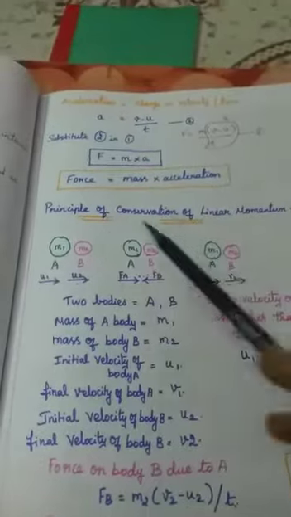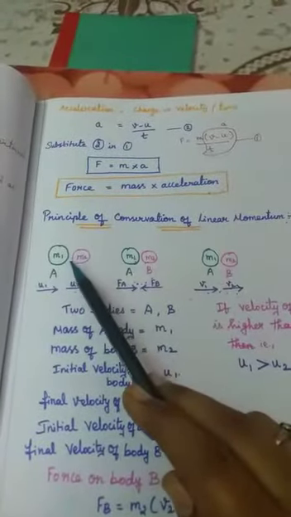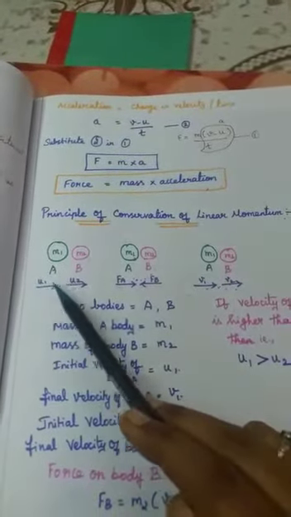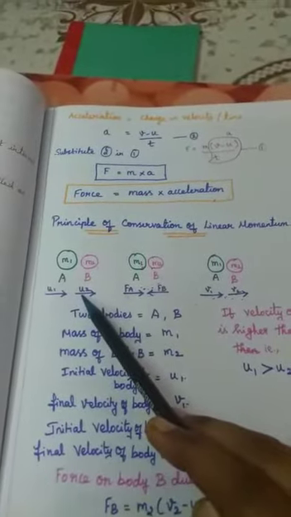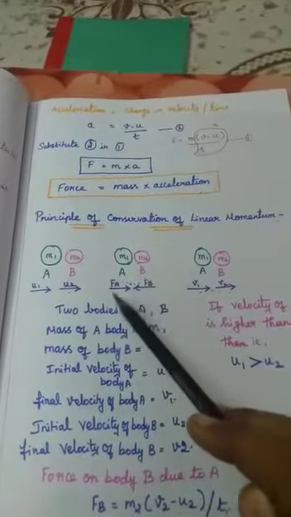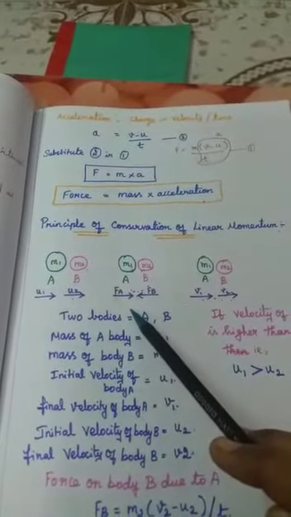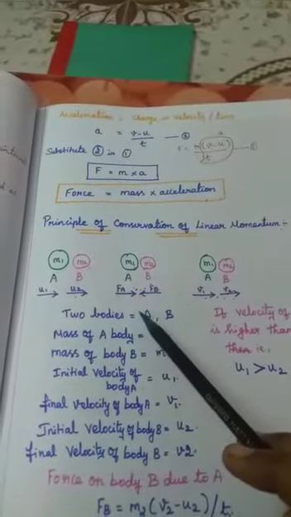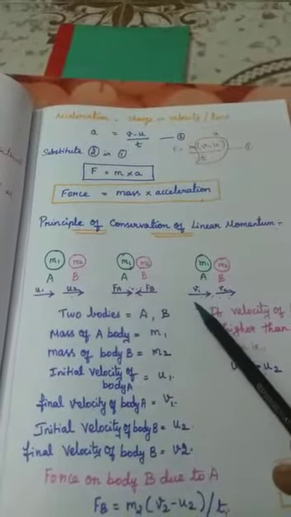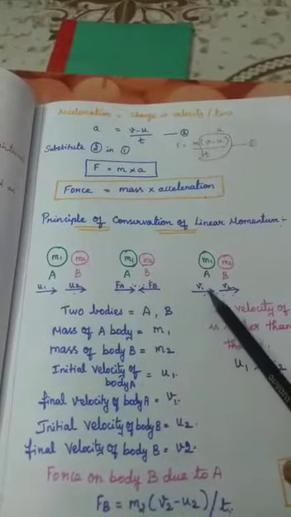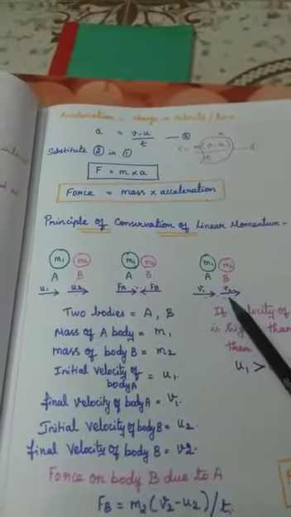Now the two bodies move with the initial velocities u1 and u2. After an interval of time t seconds, after the collision, both of them move along a straight line with the final velocities v1 and v2.